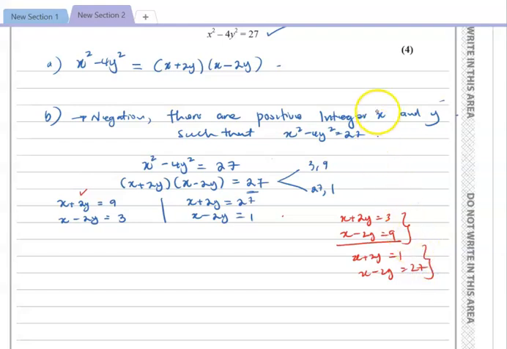The reason is we say that x and y are positive integers. If they are positive integers, x plus 2y should be bigger than x minus 2y. That's why we cannot take this combination.